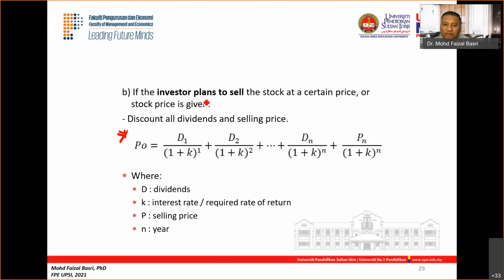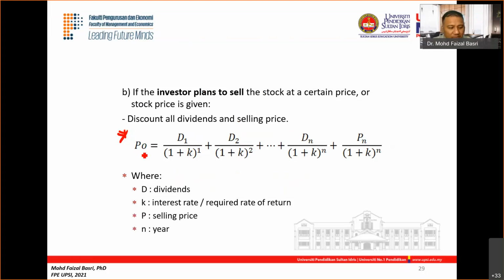For model number 1, we use this formula. For model number 2, we also use this formula. And for model number 4, the inconstant growth, in one of the steps we use this formula as well. So this formula is applicable for 3 out of 4 models.